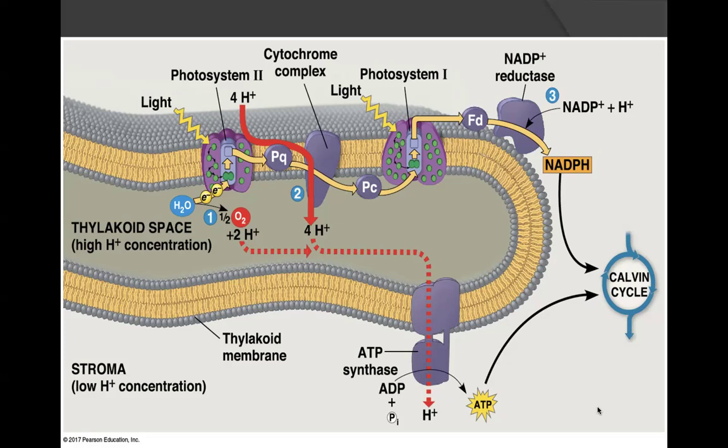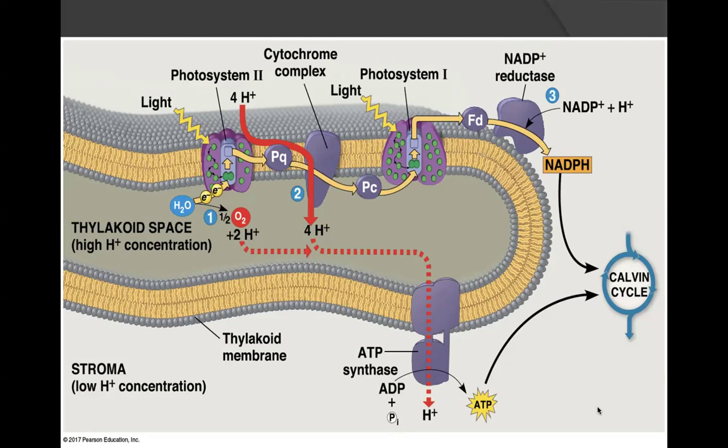When it strips away these electrons from water, it will split apart the water molecule. As a result, we have the formation of oxygen, which we can see in the diagram in red. We will also have the production of protons, which will be important when we take a look at the cytochrome complex and what it does.